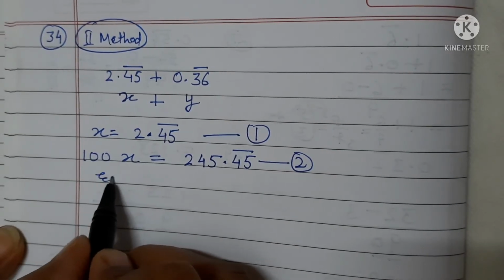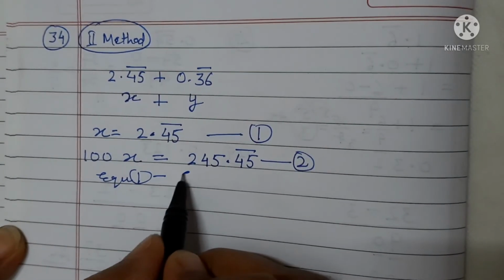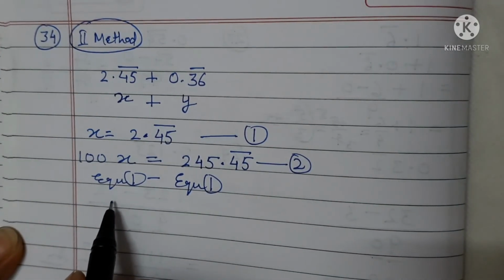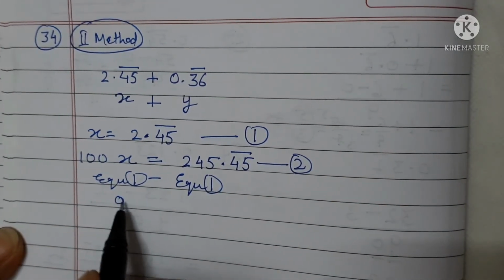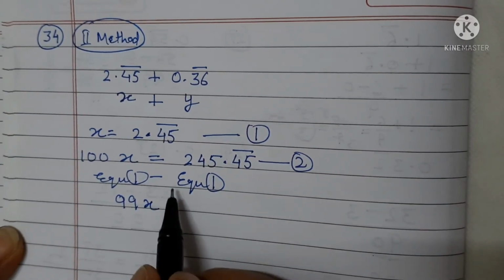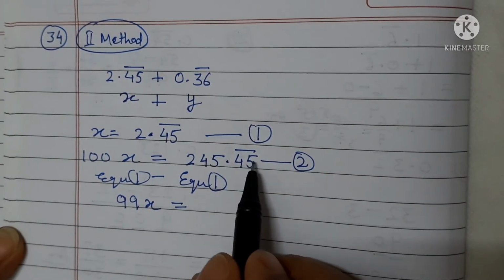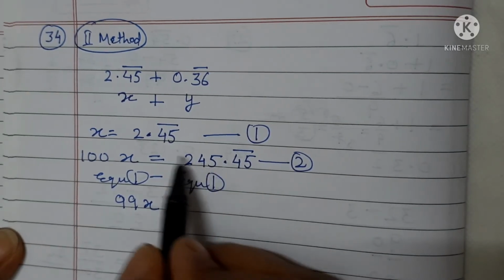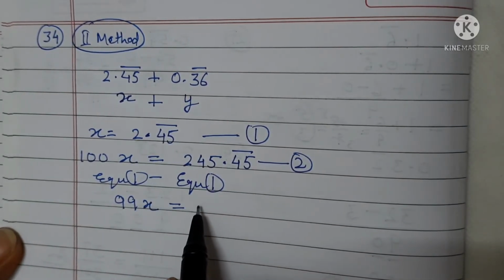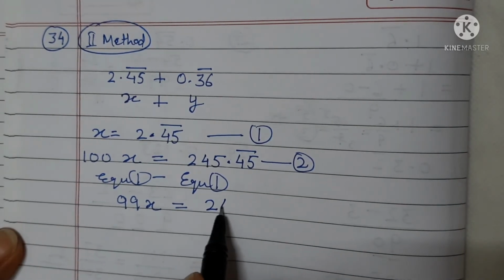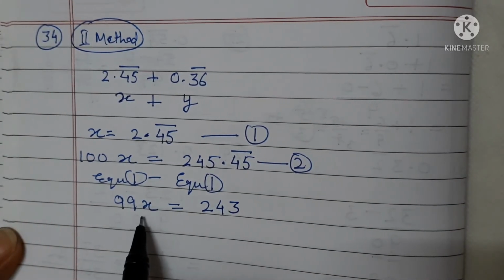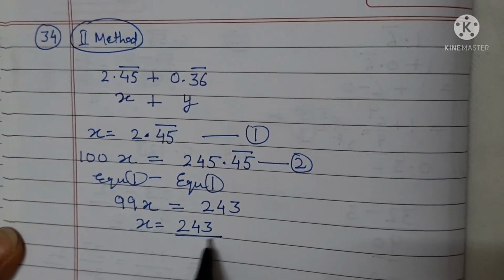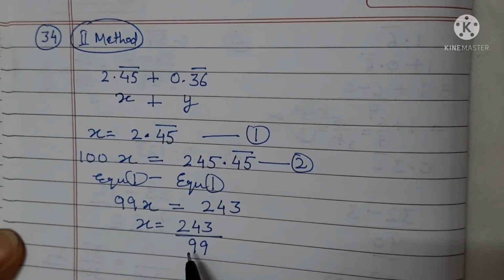Subtract equation second minus equation first. 100x minus x, we will get 99x is equal to, 0.45 bar will be cancelled and 245 minus 2, so you will get 243. Now write it, x is equal to 243 upon 99.